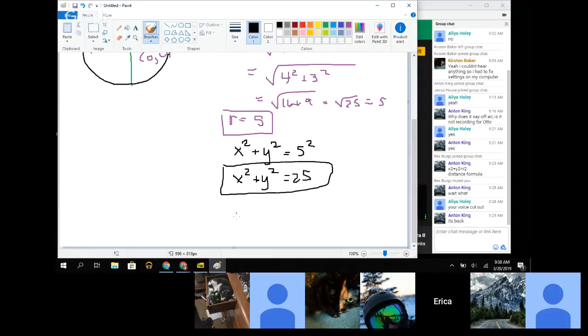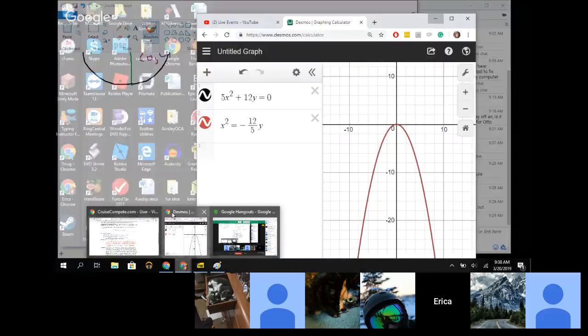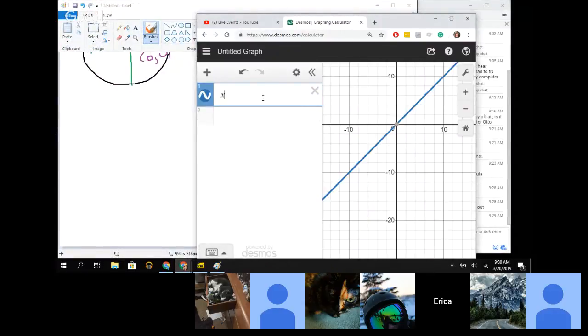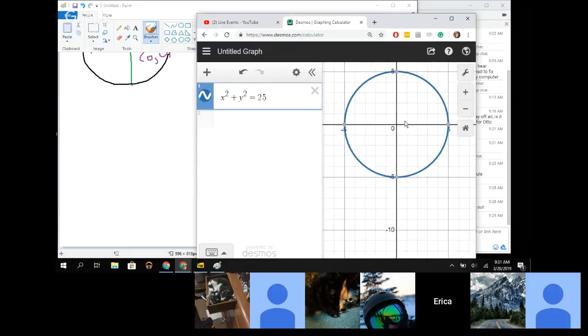Again, if you're not feeling super confident, you can always use your graphing calculator to help you out a little bit, right? So we just said that the formula is x squared plus y squared equals 25. Okay, so that's your circle that ends in 5.